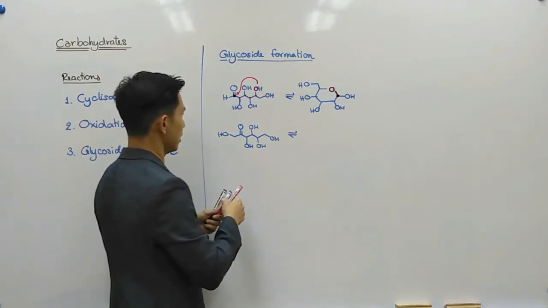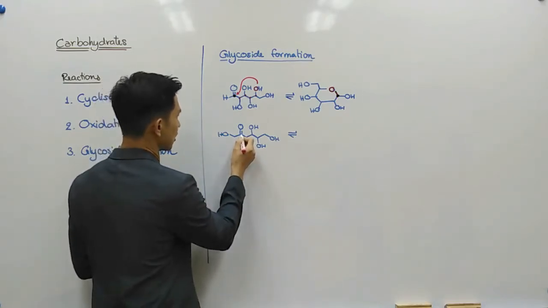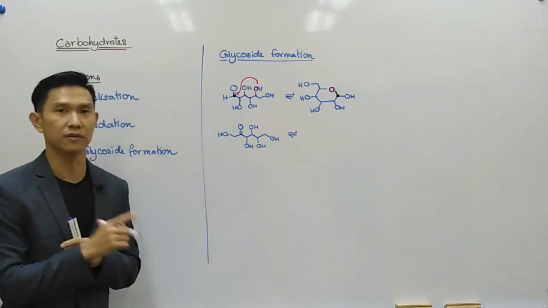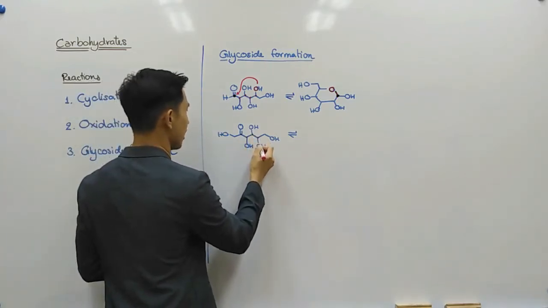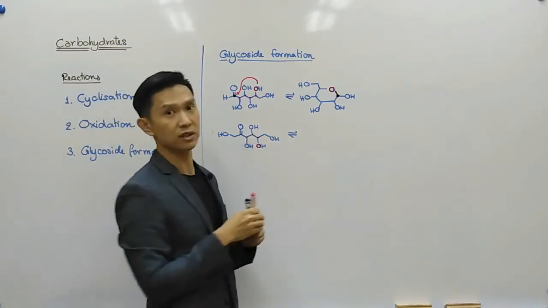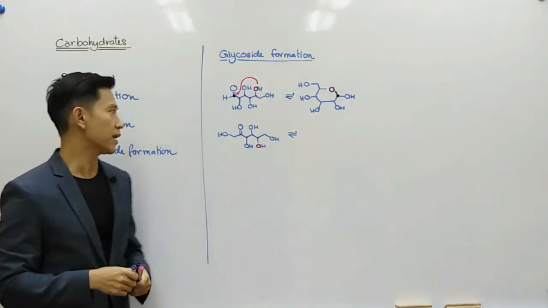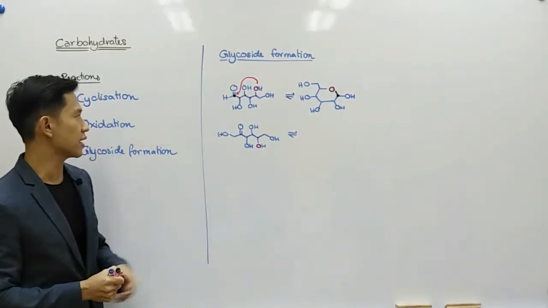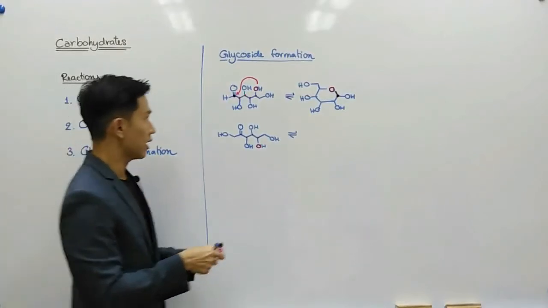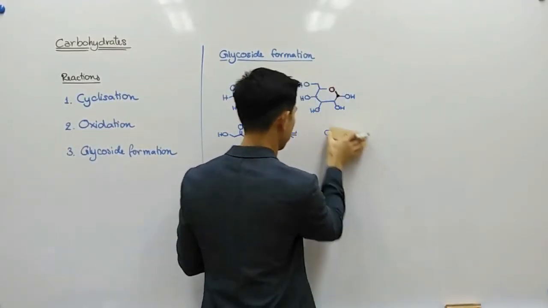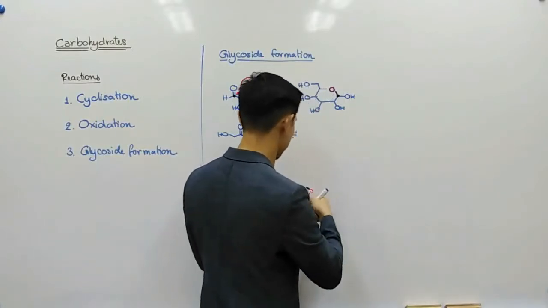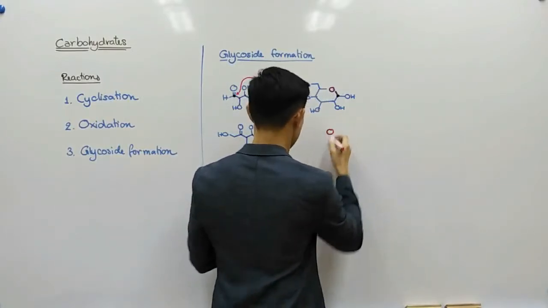So if this is the first corner, then the second corner, third corner, fourth corner, and the fifth corner is going to be oxygen over here. So in a similar way, you can now construct a 5-membered ring. And from your high school, you may be familiar with the structure of 5-membered ring fructose like this.